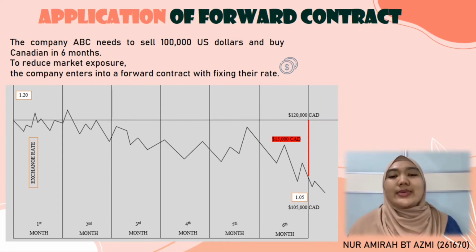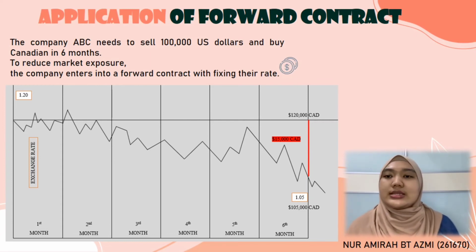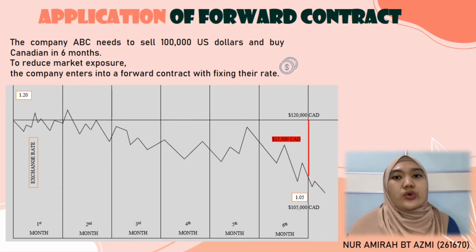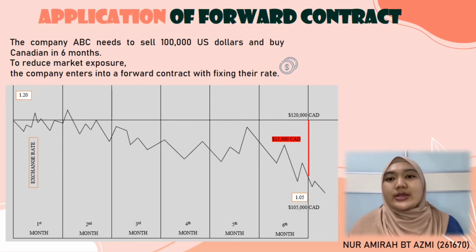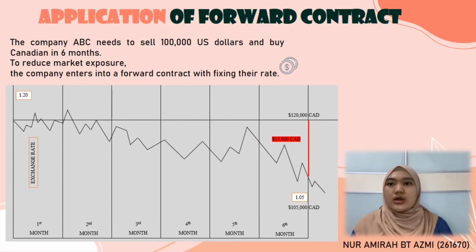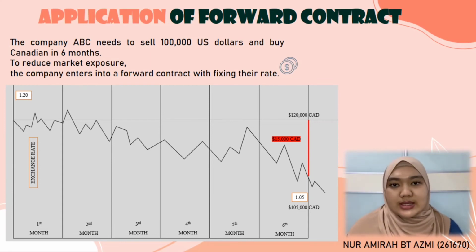Based on the current market condition at 1.2 for settlement in 6 months, company ABC now knows that regardless of which direction the market moves, it will receive 120,000 Canadian dollar when the contract expires.